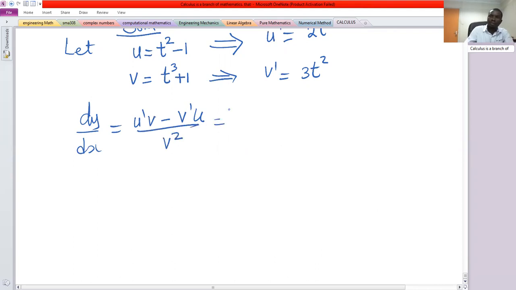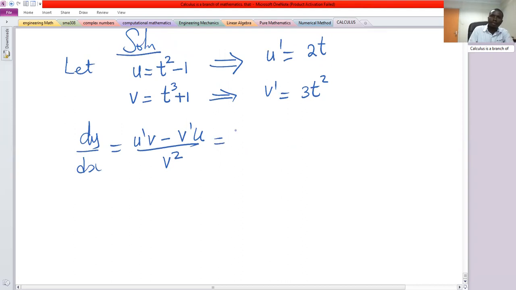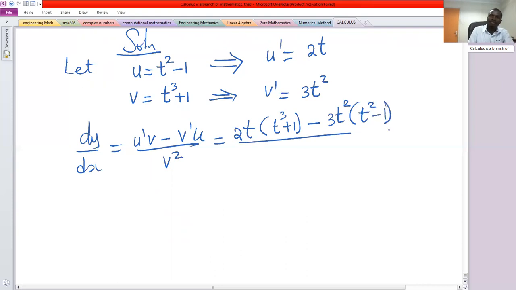So we'll have 2t into t cubed plus 1 minus 3t squared into u, which is t squared minus 1, divided by t cubed plus 1 squared.